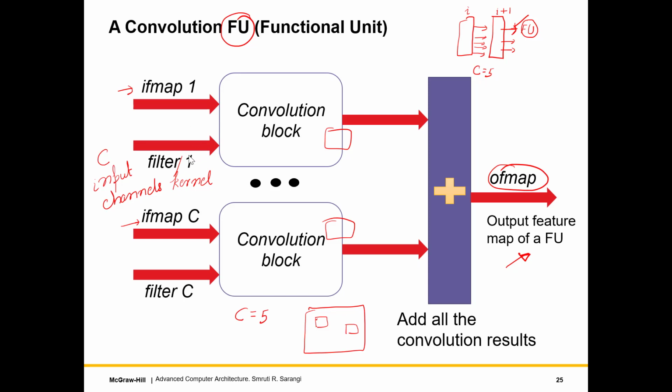And as I said, there will be many filters. We'll quickly compute how many. But the filter will be a function of the IF map and it will be a function of the output map that is being computed. So let us say that there are capital C IF maps and capital K OF maps.